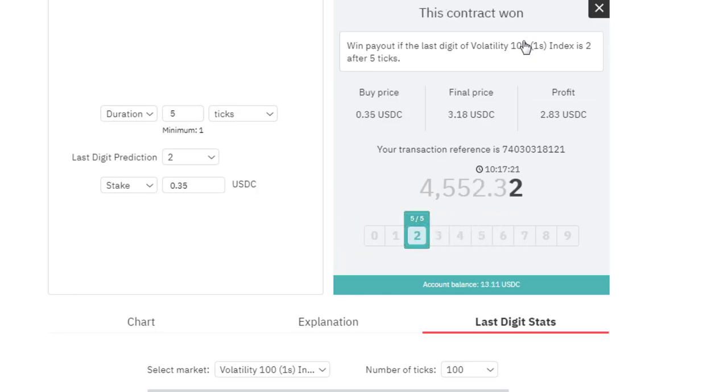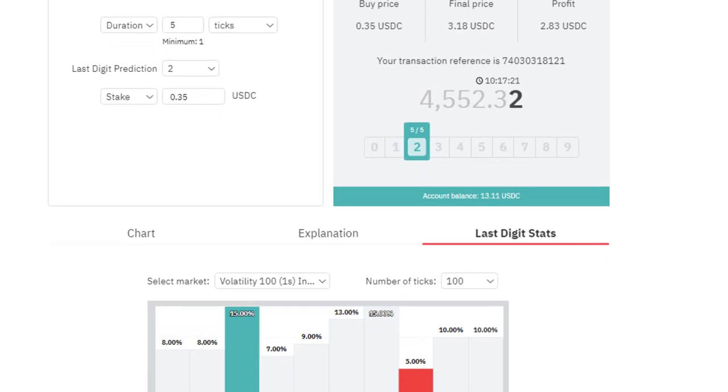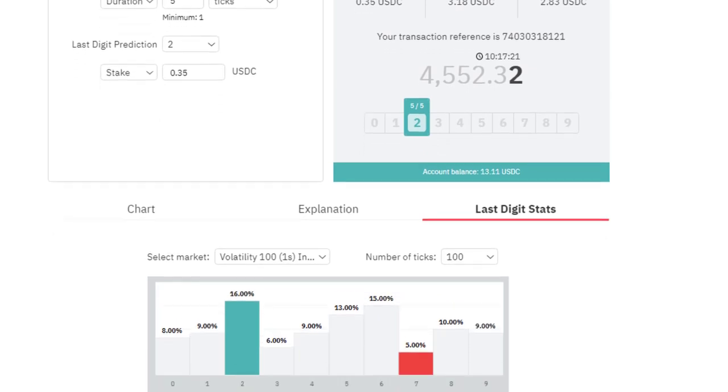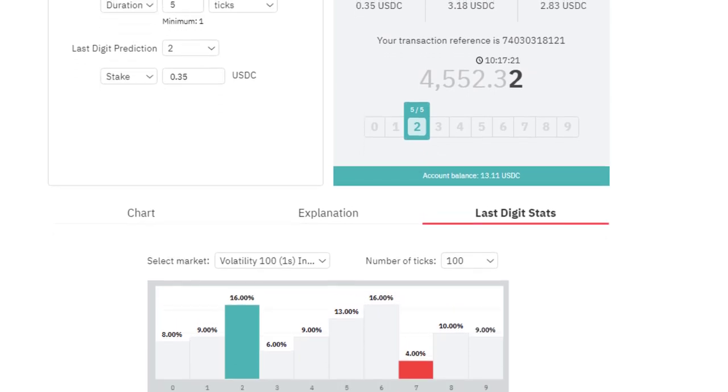Alright, so you can see now I made a win. So let me check how many trades I placed before I actually got it right. I'm going to show us.